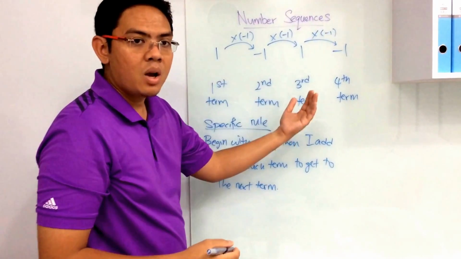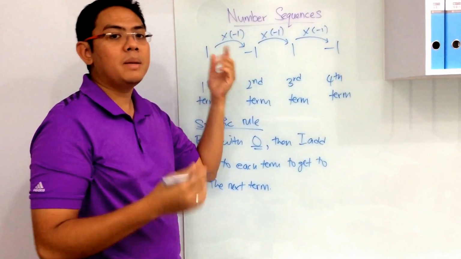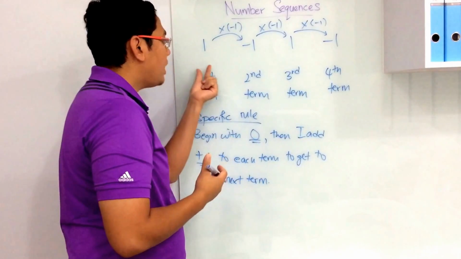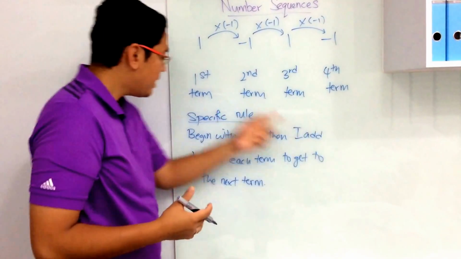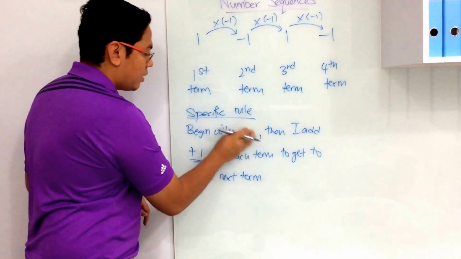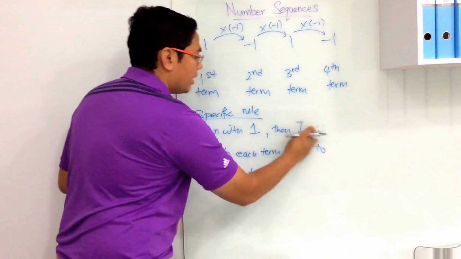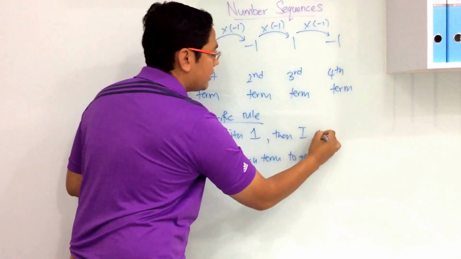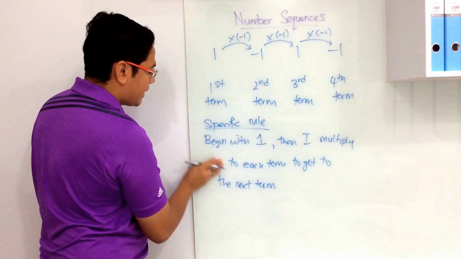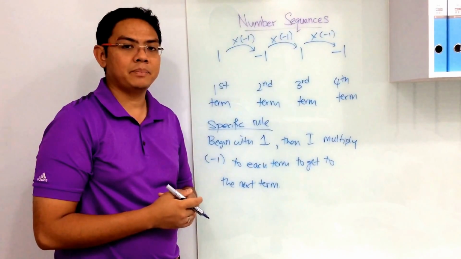Please check whether the constant that you multiply, add, divide or subtract is correct for each and every term. Again, the specific rule for this example is: I begin with 1, then you don't add, you multiply by negative 1 to each term to get to the next term.